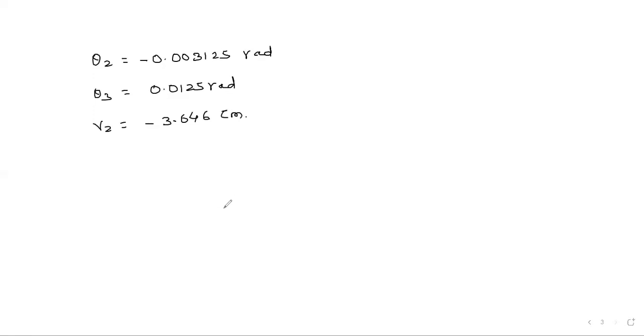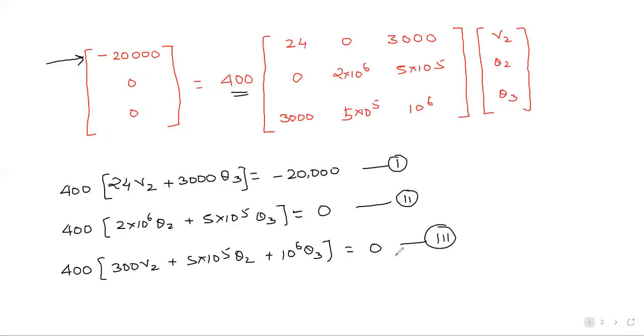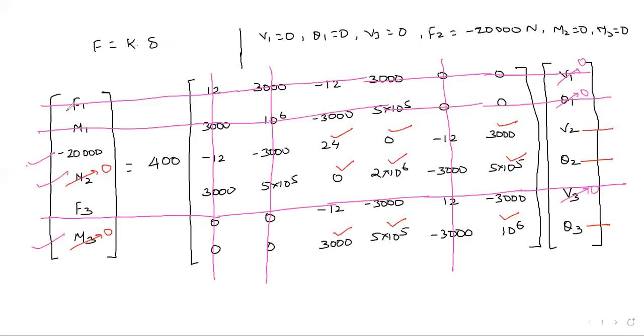Now what do we need to calculate? Whatever the non-zero forces are there: F1 is not equal to 0. Although we removed this row as V1 is 0, F1 is not 0. Even M1 is not 0, and F3 is also not 0.